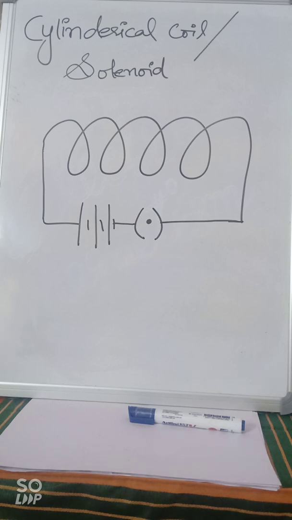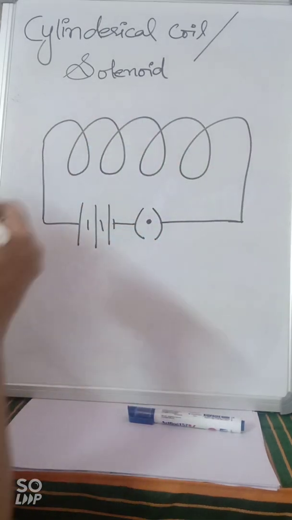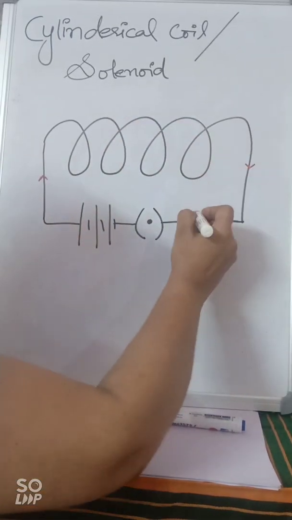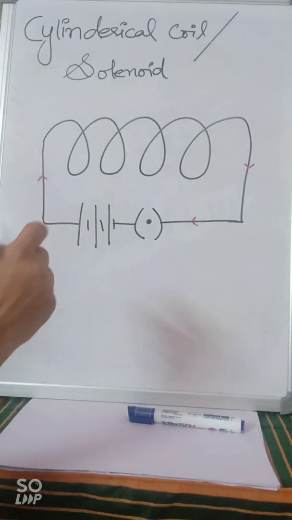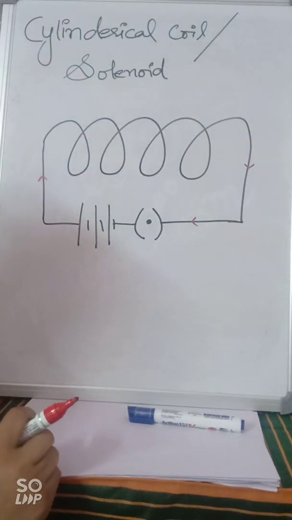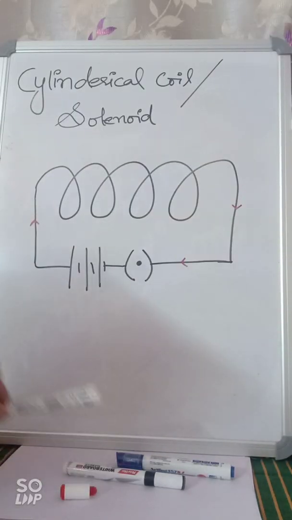So how do we find the magnetic field in a solenoid? Let's see. When current is passed through the solenoid, again this coil is going to behave like a magnet. When it starts behaving like a magnet, there is going to be a magnetic field around this coil.